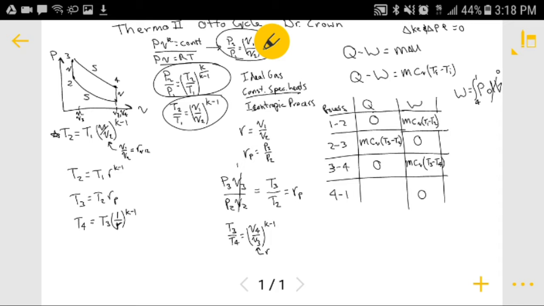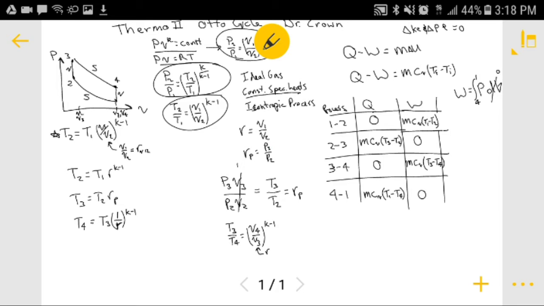Okay, so Q then is m C_V, T final minus T initial, so that would be T1 minus T4, which will be a negative number, and it should be because it's Q out.